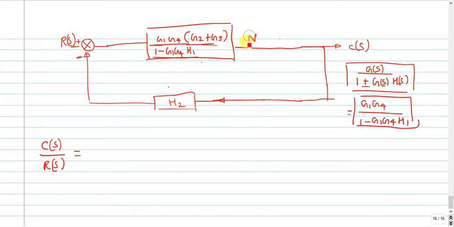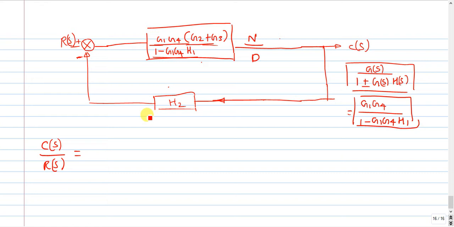Numerator, denominator. I will consider complete G1, G4, G2 plus G3 multiplied by G2 plus G3 as the numerator, 1 minus G1, G4, H1 as the denominator, and this H2 as it is.